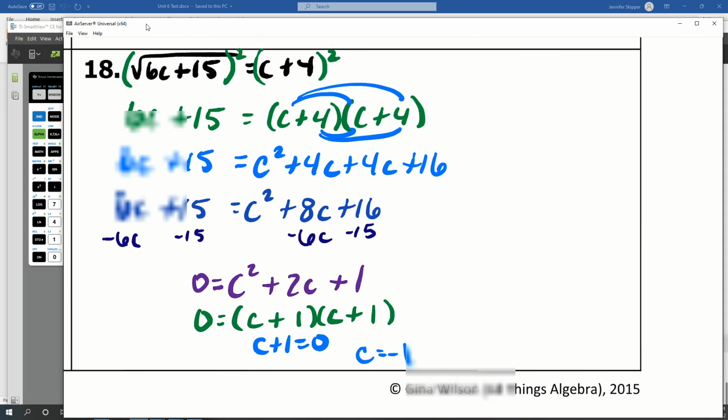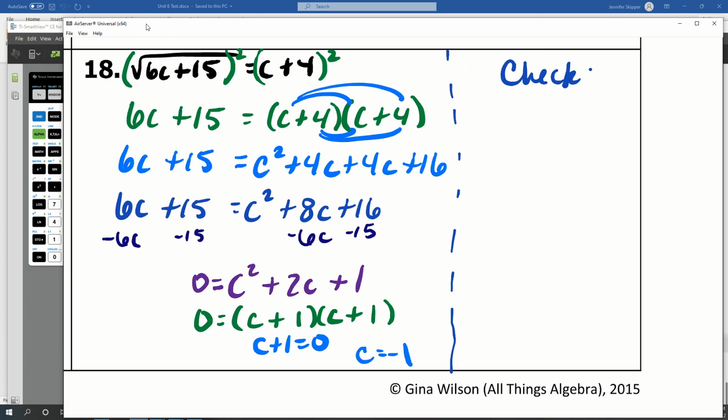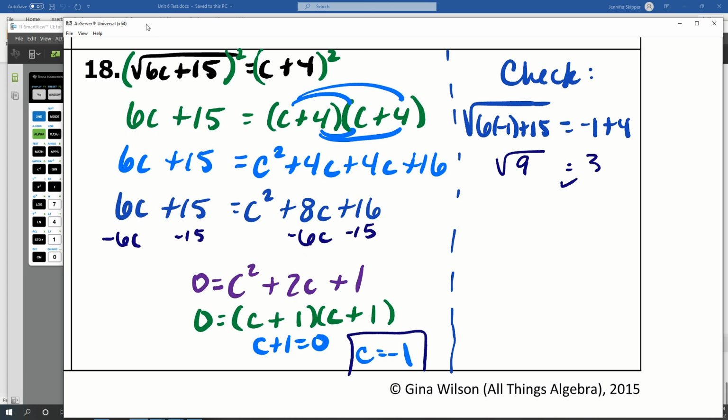So maybe it's -1, maybe it's nothing. Okay, that's going to be square root of 9 equals 3, which is true. So it all works out.